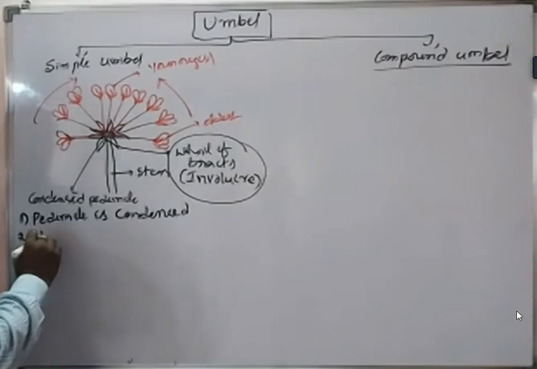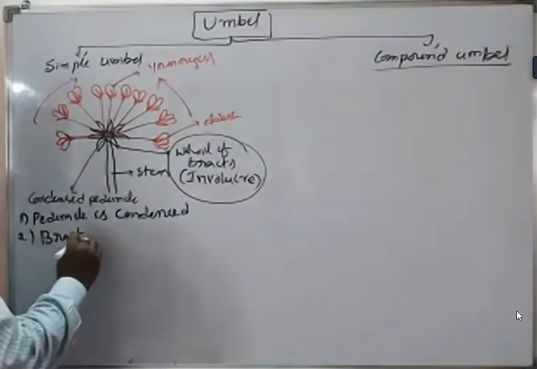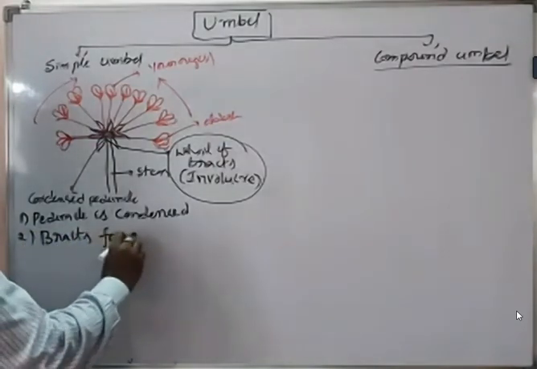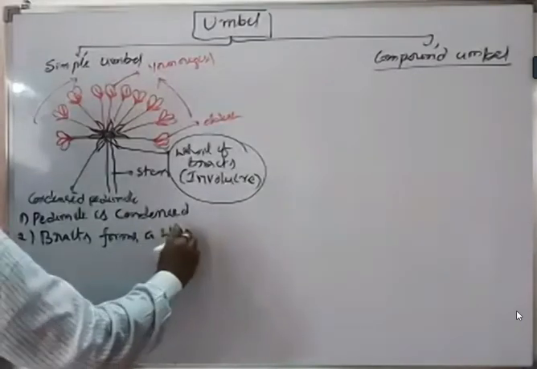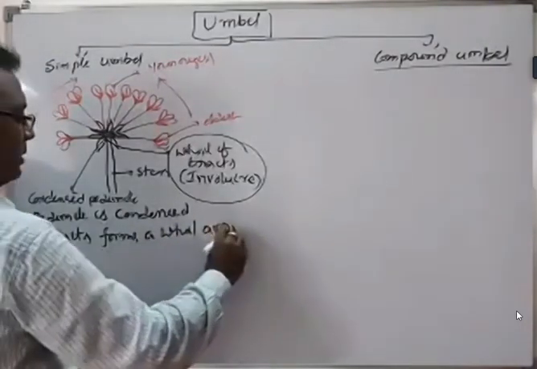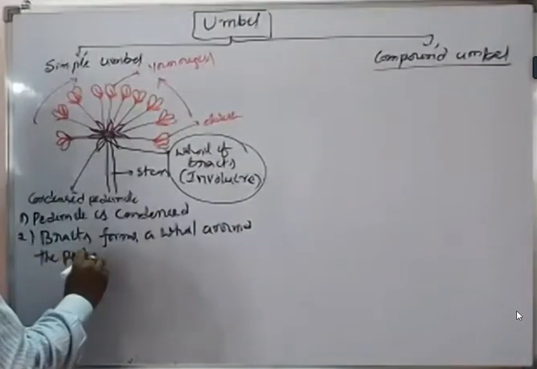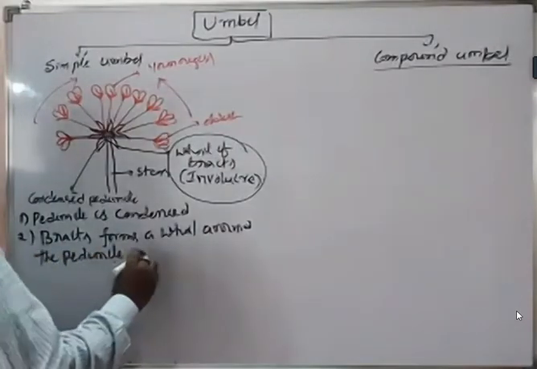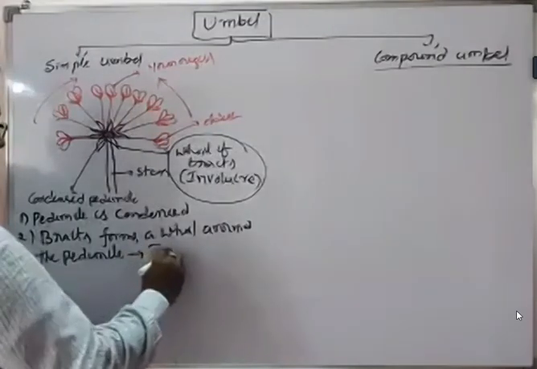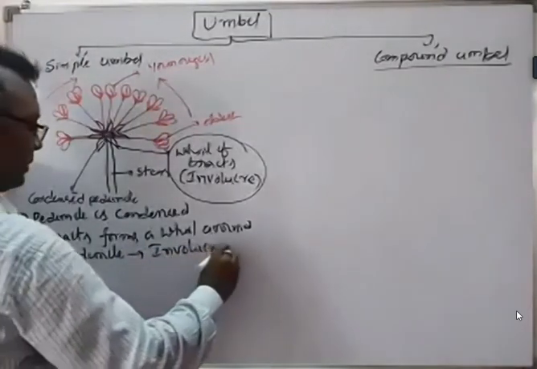Therefore, bracts form a whorl around the peduncle, called involucre of bracts.